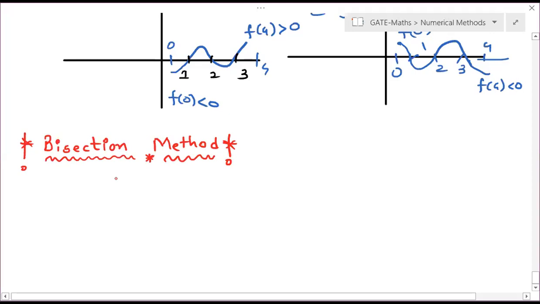Now see, first let me give you the steps of the bisection method. Then I will show you its problems.